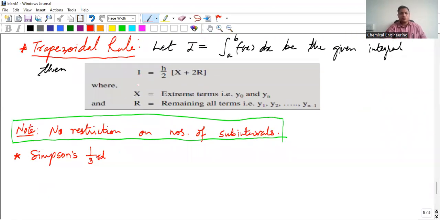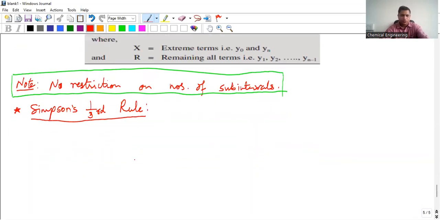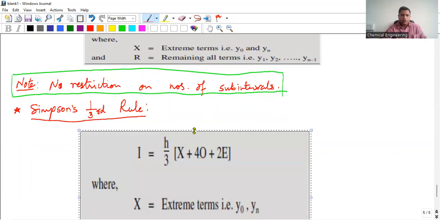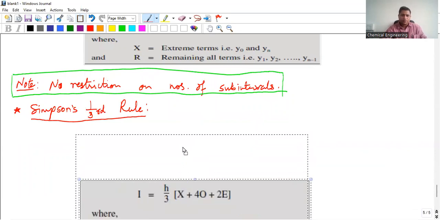Okay, so we can have Simpson's one-third rule. First we'll try to understand these rules and then we'll try to solve problems based on them. So what does Simpson's one-third rule say? Here we have to consider the odd terms and even terms.